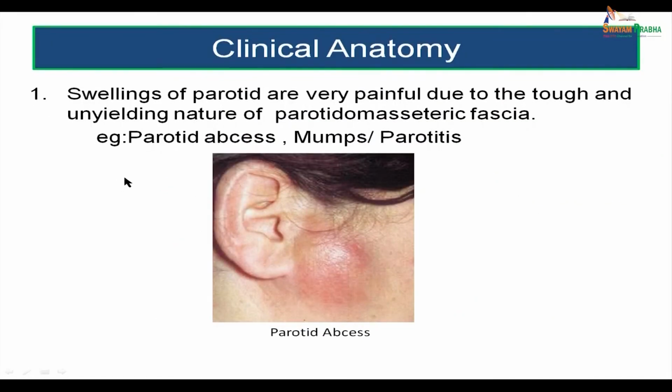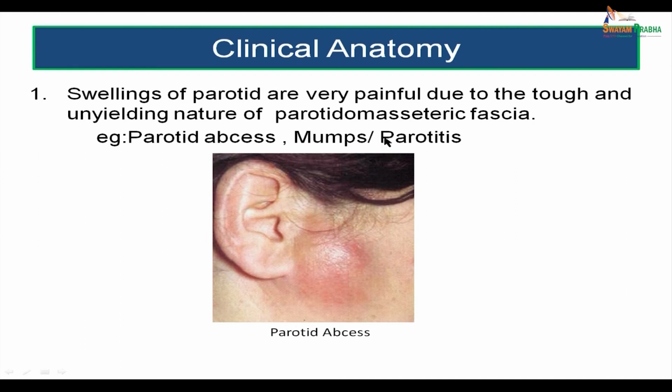So, now we come to understanding the clinical anatomy. The same picture. This is a picture showing a swelling in the region of the parotid gland, just anterior and inferior to the ear. We can see it is red and swollen. It is extremely painful. So, now we can understand why swellings of the parotid are painful.